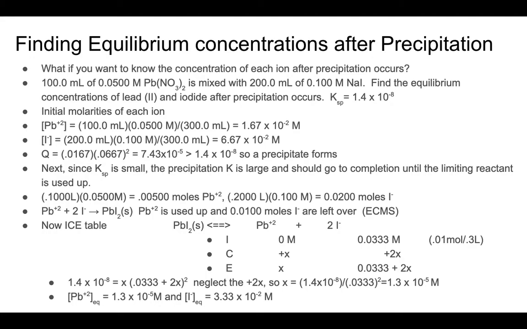After you've done that, then you go back and do the ice table using the initial amounts of each ion. 0 for the one that was used up, and whatever molarity it is for the one that's left over. Then do the change in the equilibrium, solve for the X, and then go back and figure out what each one is in the equilibrium reaction from the ice table.